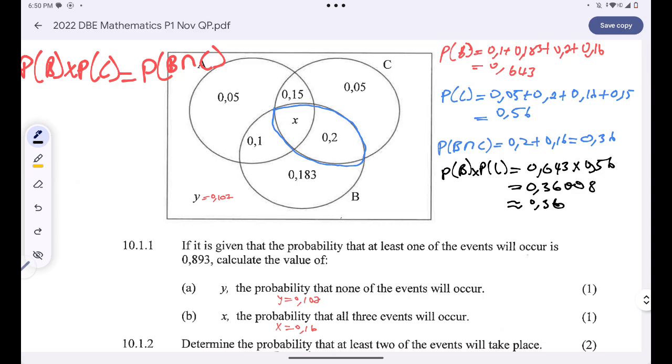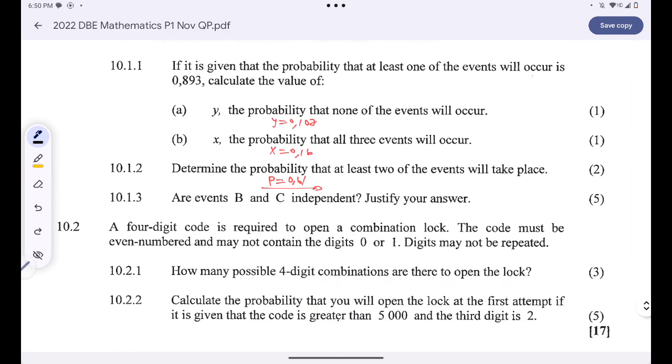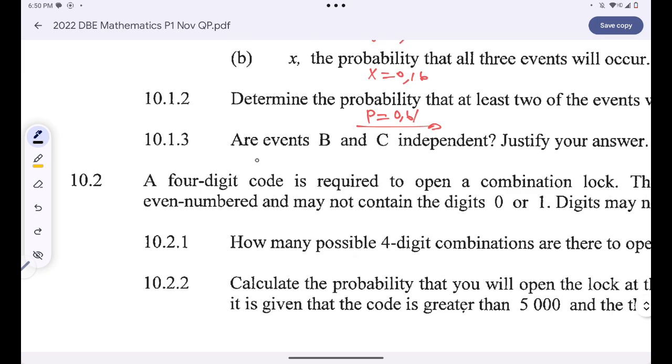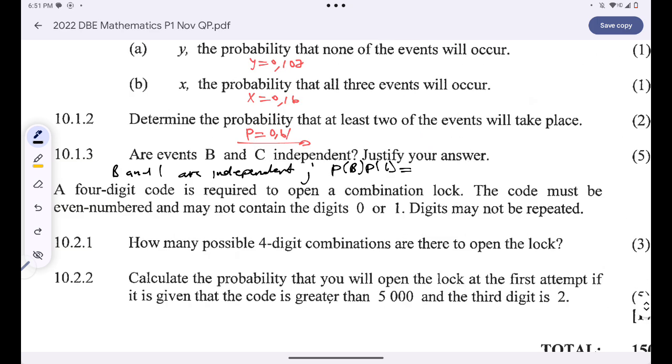So therefore I can conclude that B and C are independent. Why am I saying that? Because the probability of B times the probability of C is equal to the probability of B and C.